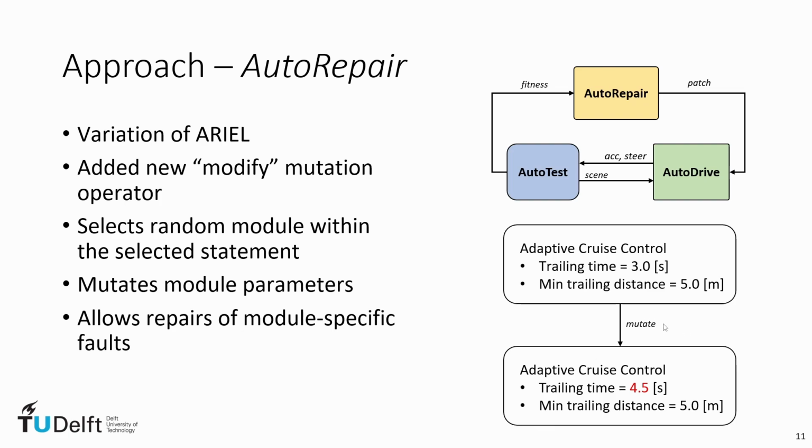So if we modify it with this new mutation operator, it will change one of the parameters in a way that modifies it such that it will be different. And in this case, it has modified the tailgating time to become 4.5 seconds instead of 3. And then when we run it on AutoTest, it's going to give some different results. And hopefully this can lead to some repairs of module-specific faults.